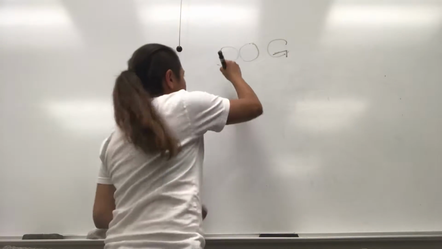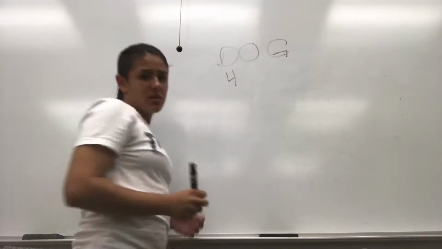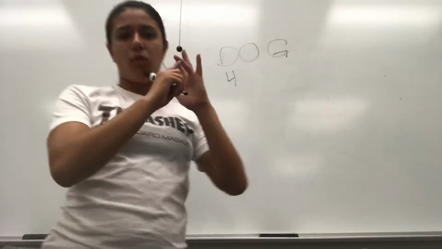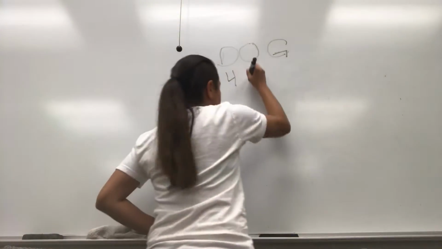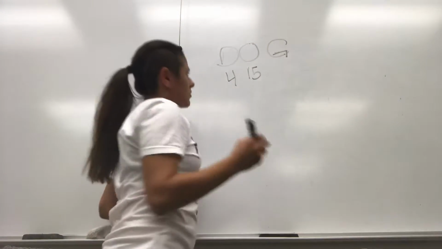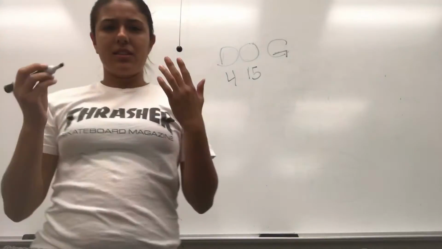So D is represented by 4. A, B, C, D, 4. O will be represented by 15. And G is represented by 7.